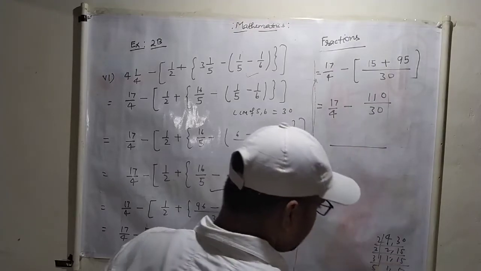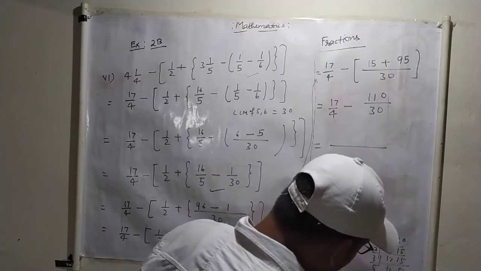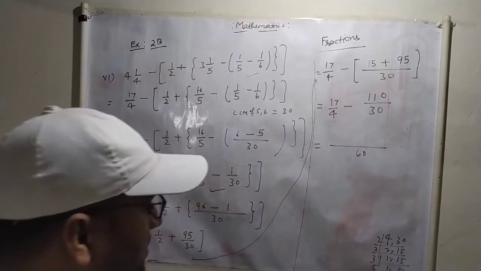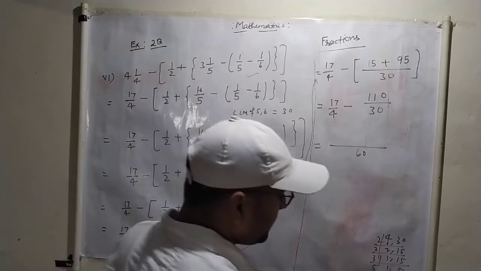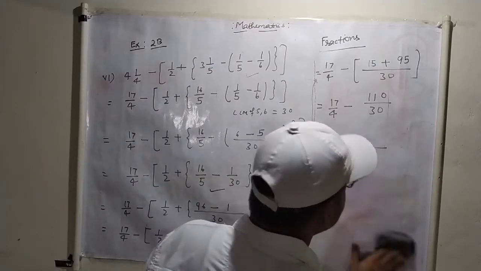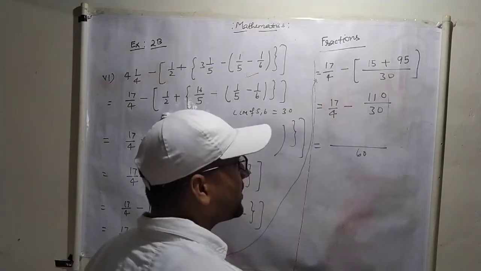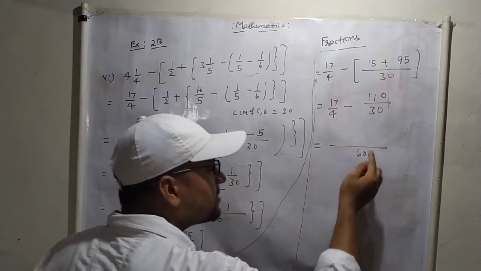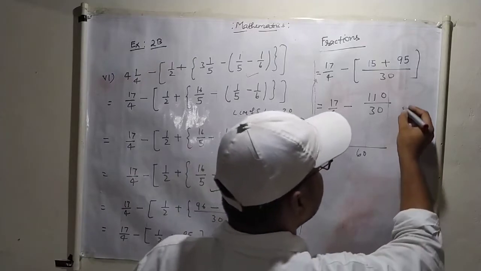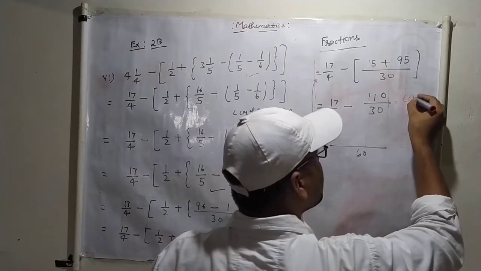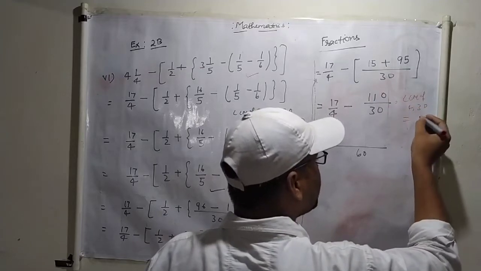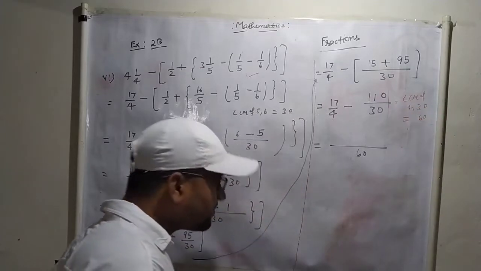Sorry students, 2 2s are 4, 4 3s are 12, 12 5s are 60. Your LCM is 60 for this case. So the LCM for 4 and 30, if you are finding it, is 60.